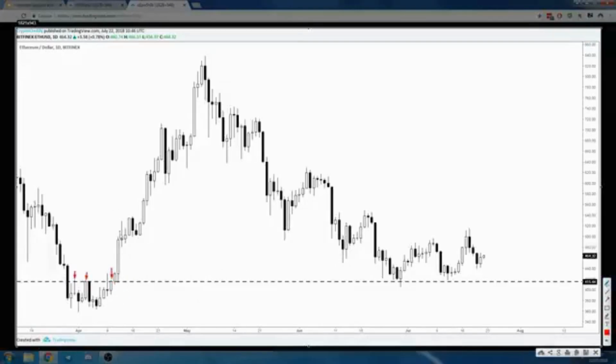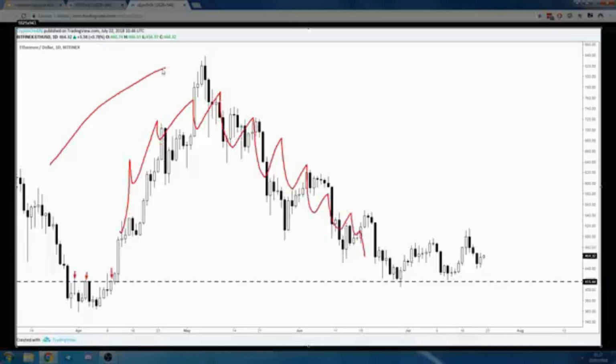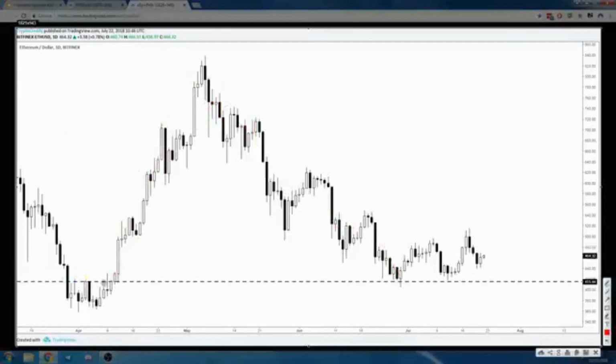You can see it breaks out and spends all this time away from the level until it eventually rounds back towards it here. And these tend to be your higher probability setups, because once price does all of this, there's no doubt that this resistance has been broken, and we can safely anticipate that it's going to act as support.